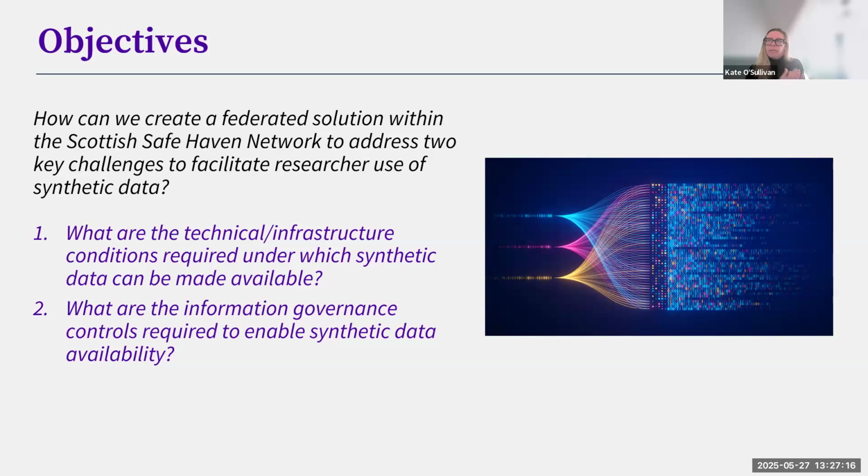So we broke these down into the technical and infrastructure conditions under which synthetic data could be made available, and then the information governance controls. Inextricably linked, but we thought we would take the approach of looking at IG and the ethics around synthetic data, as well as the technical and infrastructure and access controls to it.